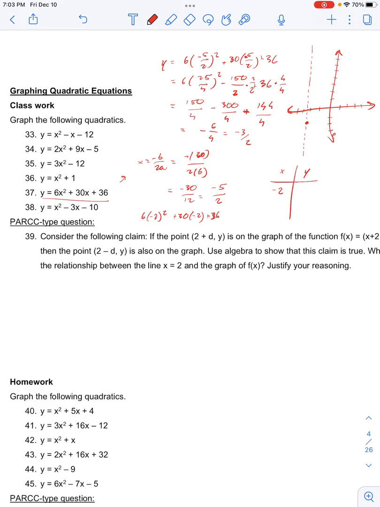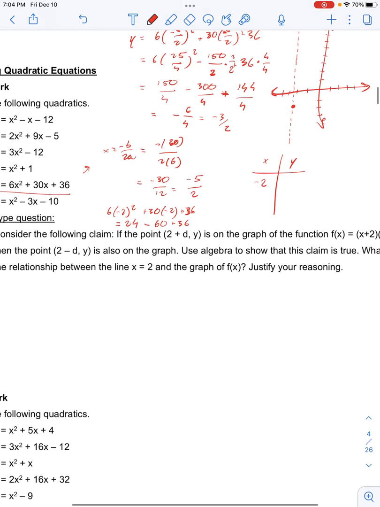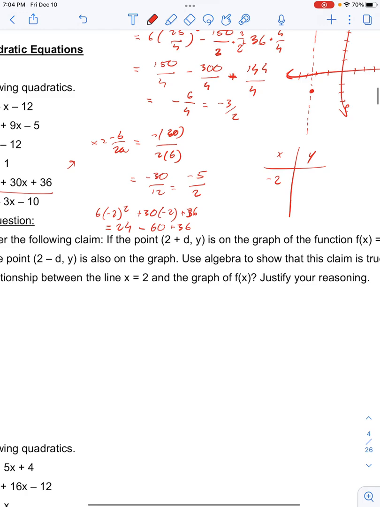So we'd have 2 squared, 4 times 6 is equal to 24, minus 60 plus 36. So this will be actually it'll be equal to 0, right? Because 24 plus 36 is 60, minus 60 is 0.